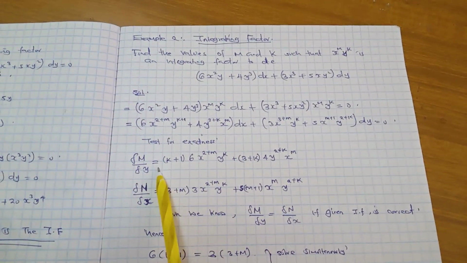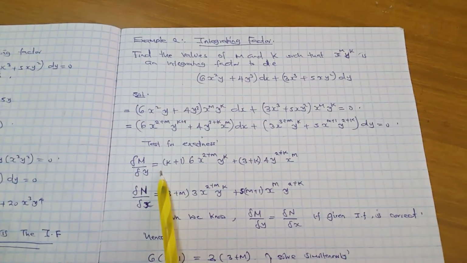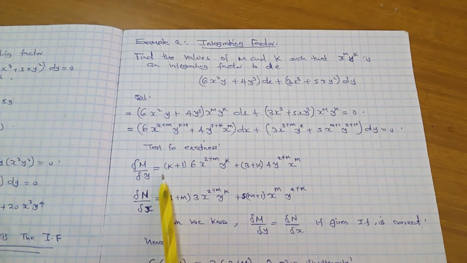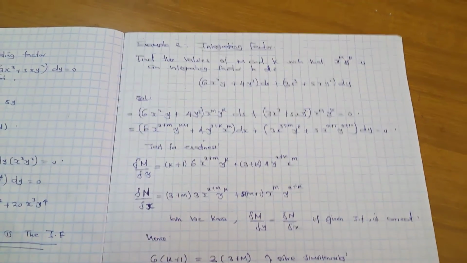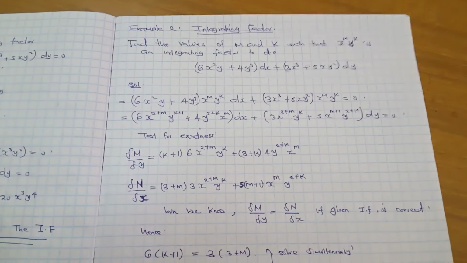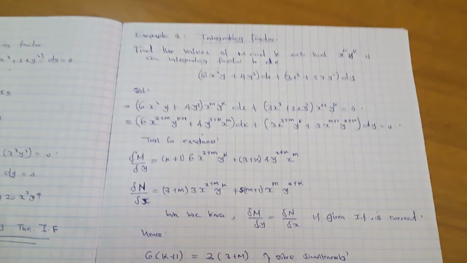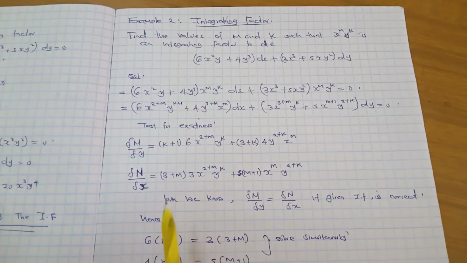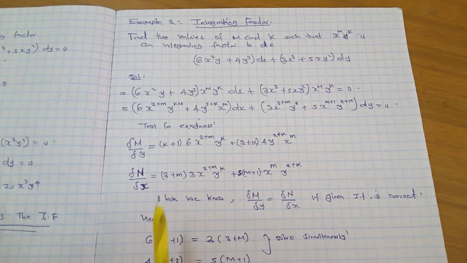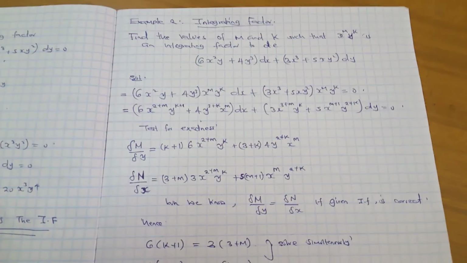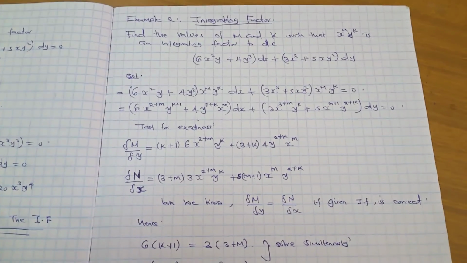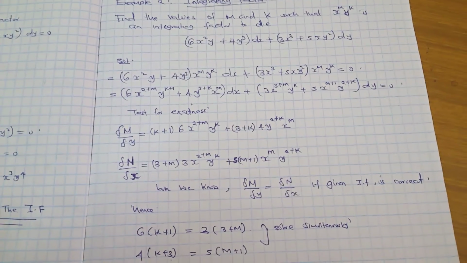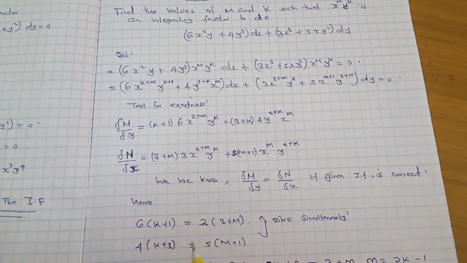So now we differentiate M partially with respect to y, and also N with respect to x partially. And we obtain the two equations, and we know that for the equation to be exact, these two partial derivatives, with respect to y and x respectively, must be equal.